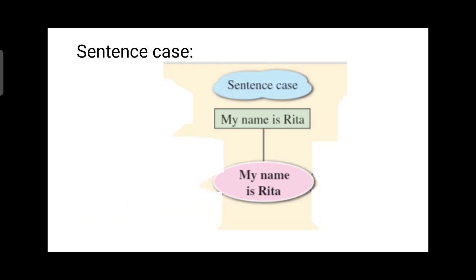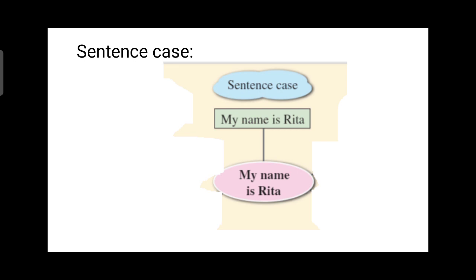Now the first one is sentence case. What is sentence case? Sentence case means the first character of every sentence is converted into uppercase. Whatever sentence you type, the first letter will be displayed in capital letter. See here, the example is given: my name is Rita.